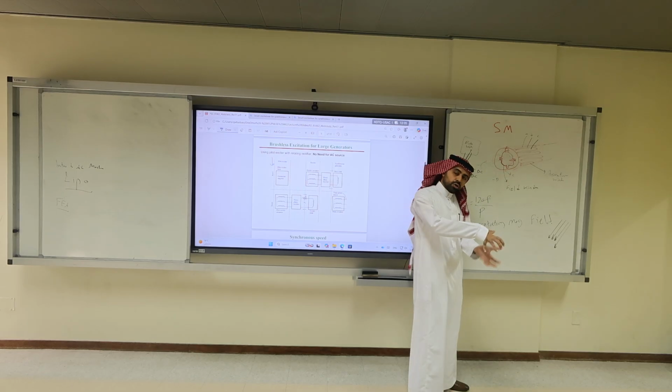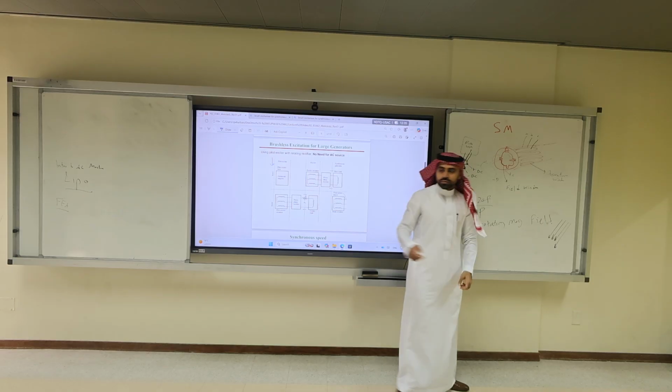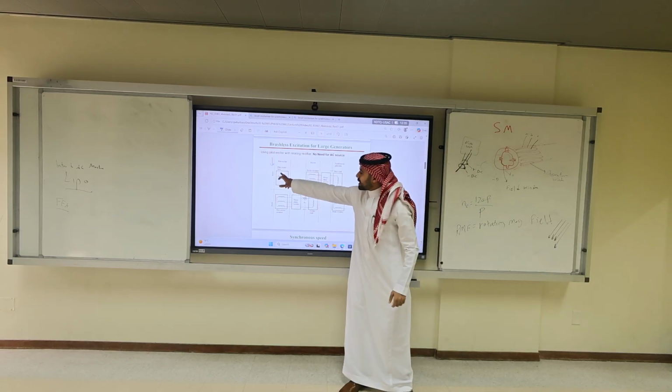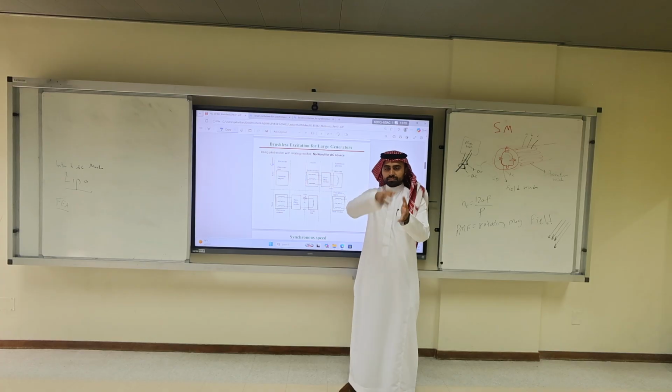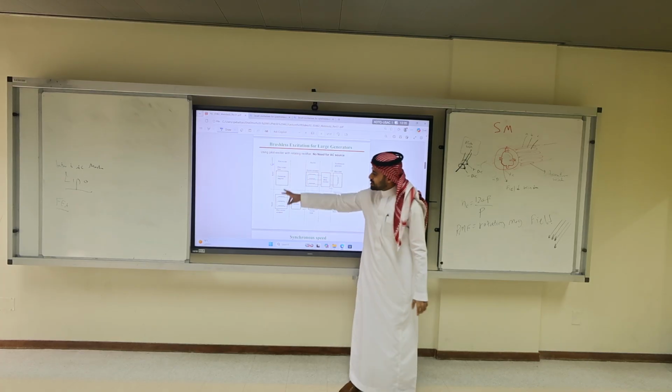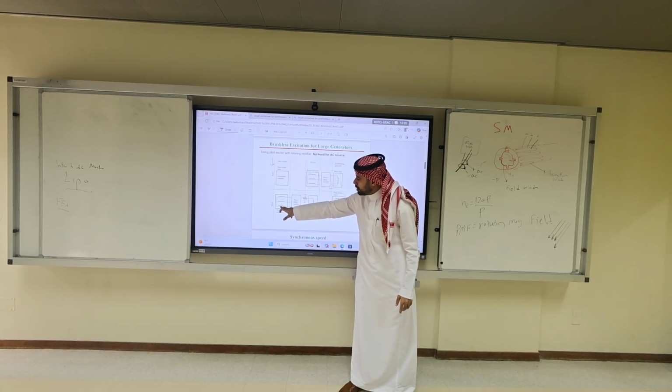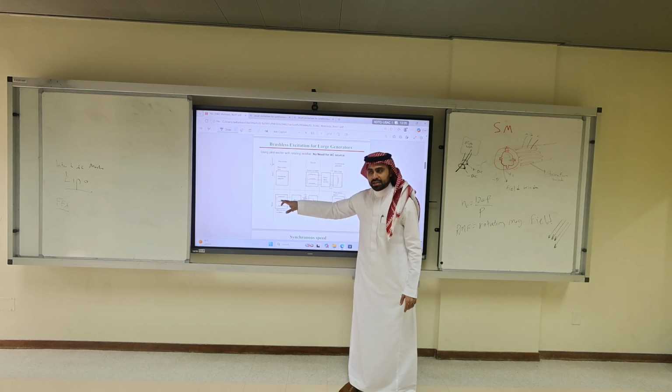So there is a magnet on the shaft connected to a group of coils. This magnet rotates, so it generates the flux lines and it rotates. It induces a small three-phase AC on the stator. So this is what you call the pilot exciter armature.